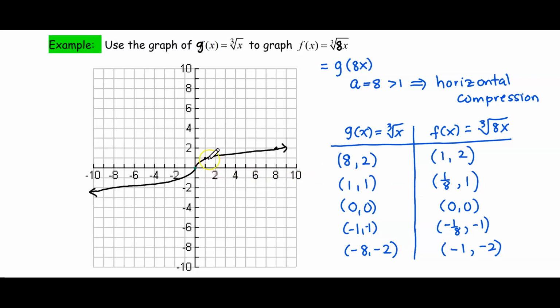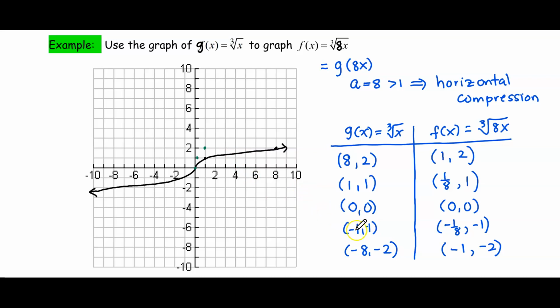So the y coordinate is still 1, but the x coordinate now becomes 1/8. So it goes here, very close to 0. You just approximate it. Then this 8, 2 goes to 1, 2. So it goes here.